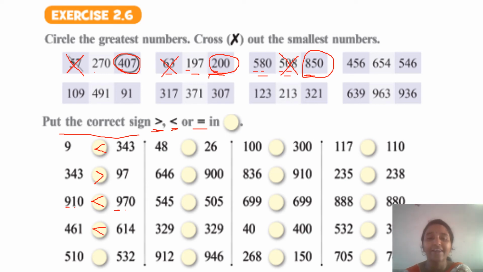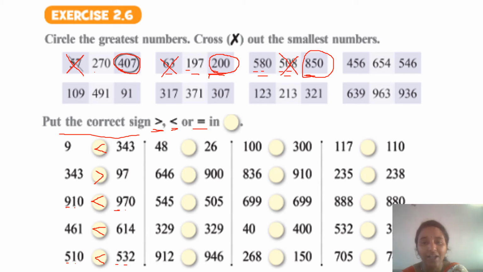Next, 510 and 532. Remember here in hundreds we have both fives. Next we have to go to tens, 1 and 3. Which is greater? 3, right? So 532 will shoot 510. I hope you understand how to keep the signs.